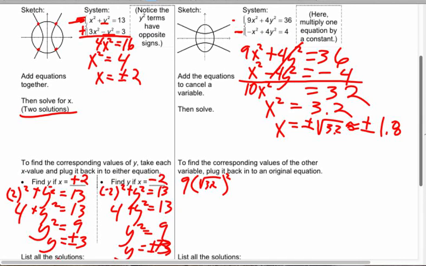I'm not going to use this 1.8 because this is the exact answer. I'm going to use the positive one of that, plus 4y squared equals 36. And when I do that, 9 times the square root of 3.2 squared is just going to give you 3.2 plus 4y squared equals 36.